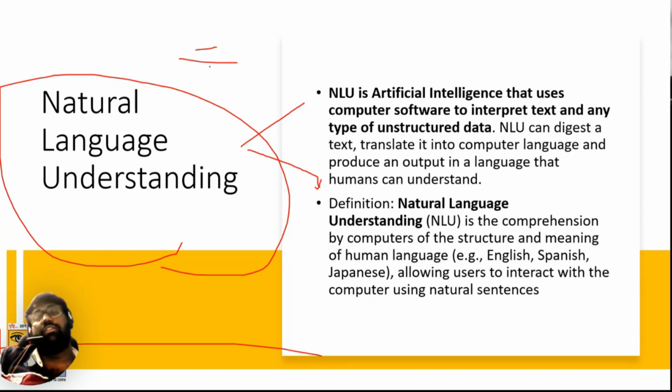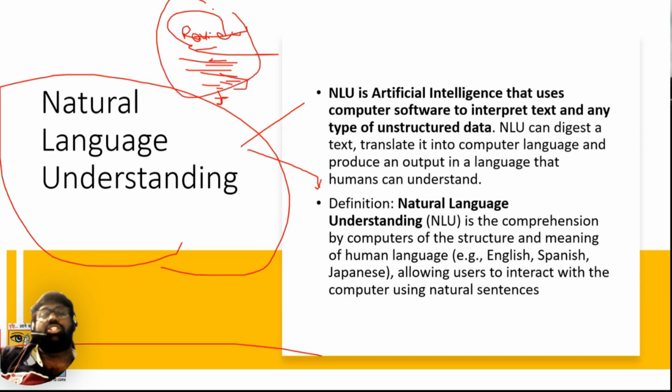Like you have a document with a lot of files, and I'll name the document reviews. With respect to reviews, it has a lot of documents, so this is purely unstructured data, not structured. So what NLU will do is take this unstructured data, understand the pattern, and then divide it accordingly.